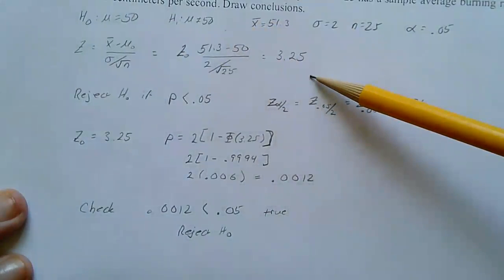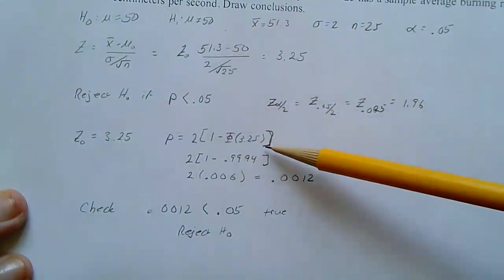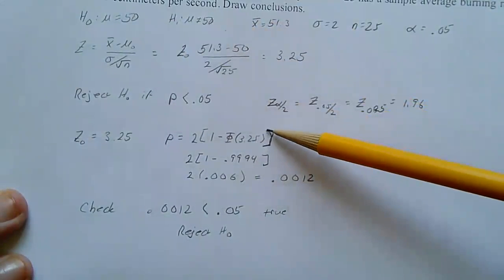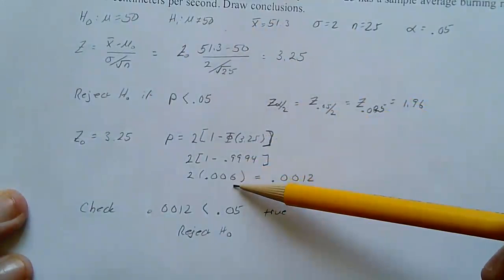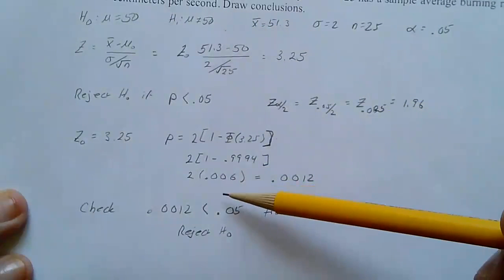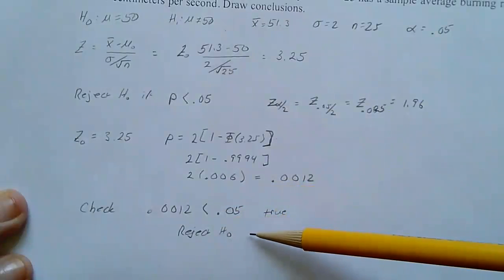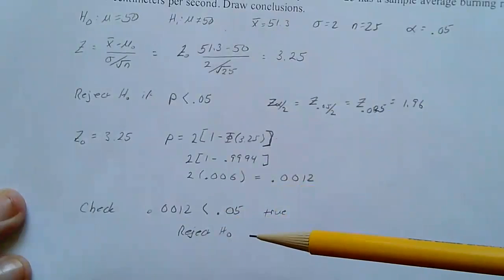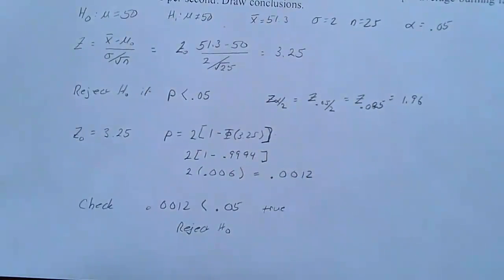We calculate our z statistic. We calculate the p-value for our z statistic. Our z statistic was 3.25, which gave us a 0.9994. 1 minus that is 0.0006, multiplied by 2 is 0.0012, and that in fact is less than 0.05, which means that that statement is true and we need to reject H naught. So our null hypothesis has been rejected.